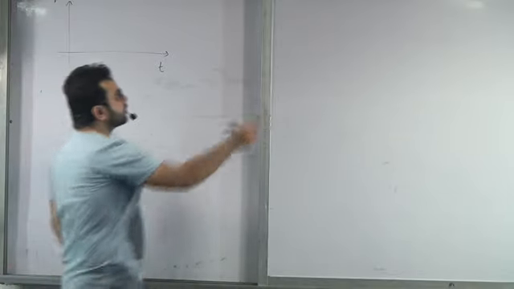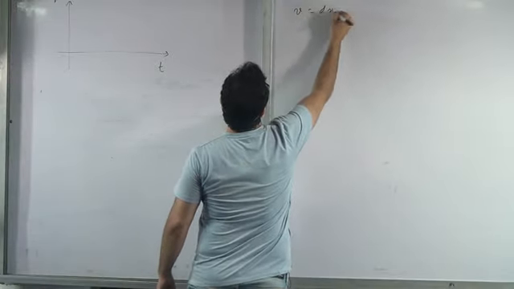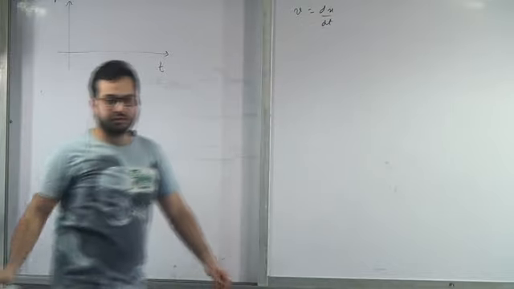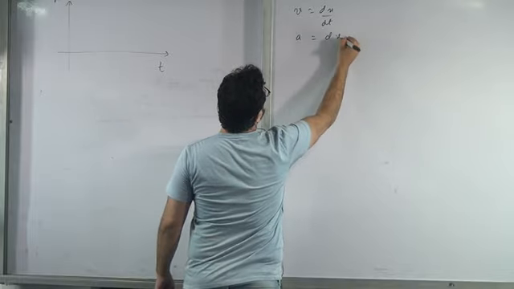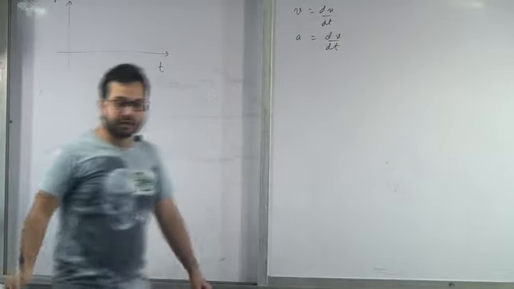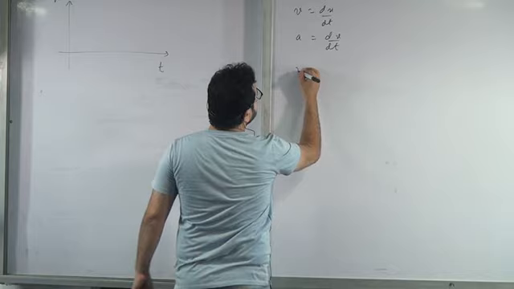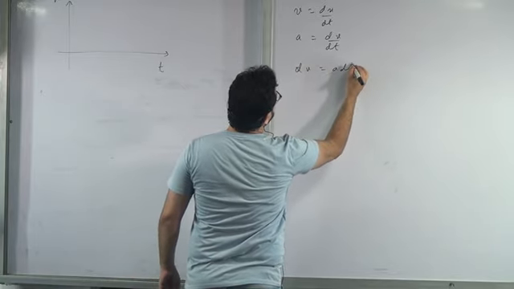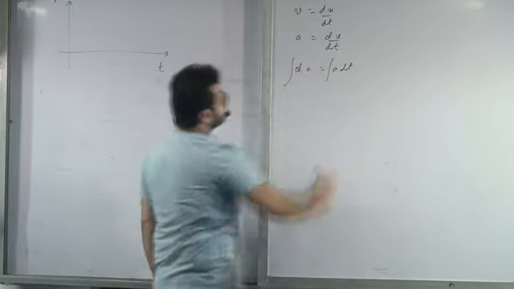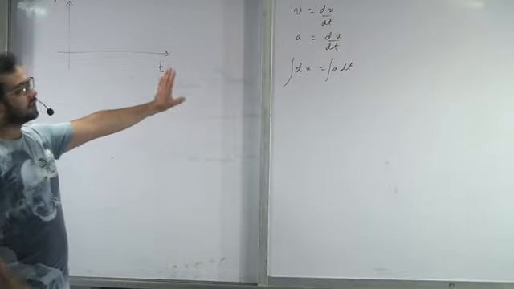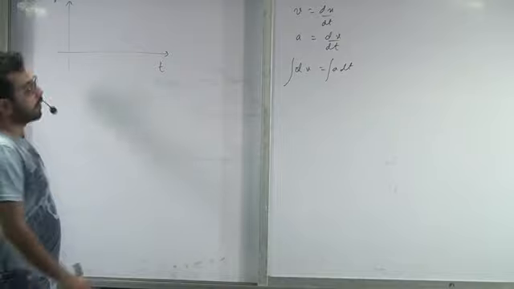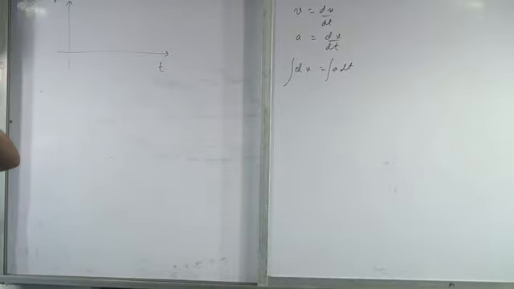A few things to remember: V is equal to dx by dt, we know that. A is equal to dv by dt, we also know that. And dv is equal to a dt, we also know this. Alright, so keep these things in mind and then answer whatever information we can derive from this graph, we will write it down.